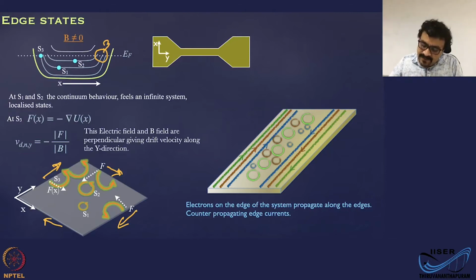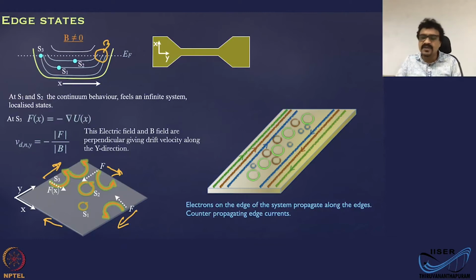So in a nutshell, we have a situation which is very similar to the classical skipping orbits, but we don't consider those as skipping orbits. Those are states which have a propagating nature at the edge, but are localized in the bulk, or at the center of the sample. These are solutions of the Schrodinger equation. So that's the story so far.